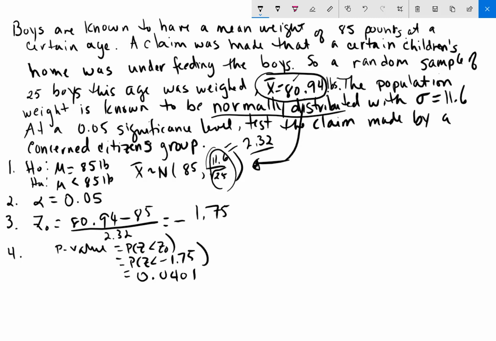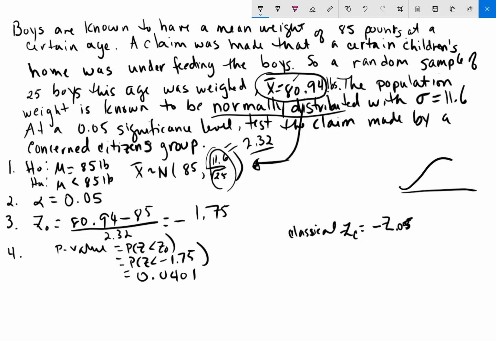If I were doing the classical method, I have to find the critical value. In other words, the value such that on the number line, if my test statistic is further out in the tail end, I'm going to reject the null hypothesis. Since I'm in a left-tailed test, my critical value is going to be negative z.05. That's what it would look like if I was formally finding it.